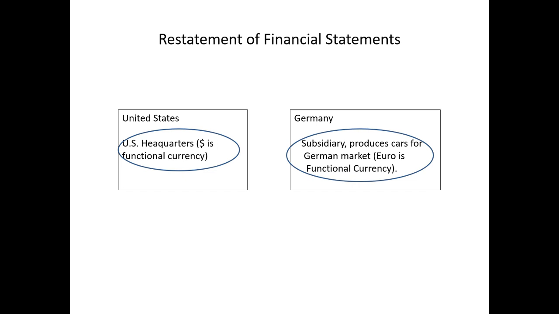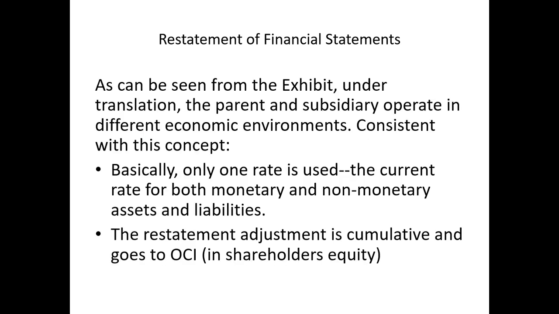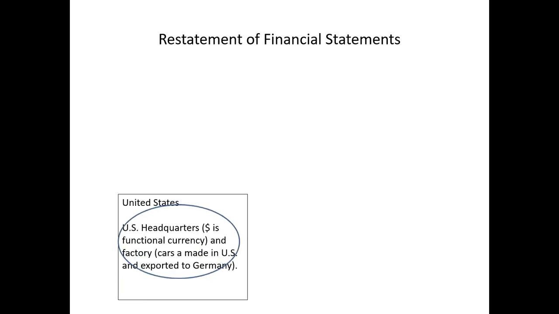That means you operate in two different economic environments. That calls for translation. Under translation, you're going to use one rate, the current rate, for both monetary items and non-monetary items. Monetary items are cash, accounts receivable, and payables, and non-monetary items are property, plant, equipment, hard assets. The adjustment is cumulative and goes to OCI. Okay, so that's one thing.